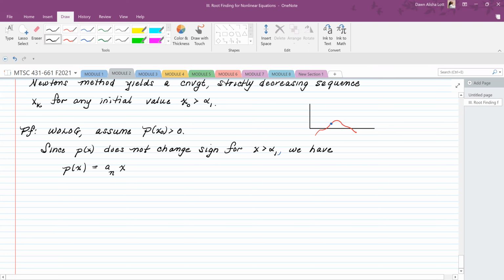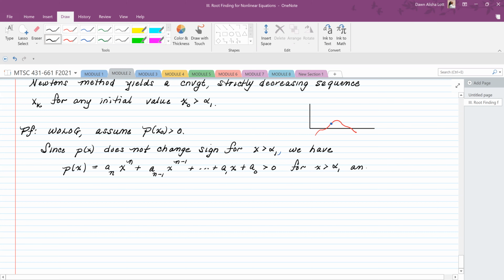P of X equals a n x to the n plus a n minus 1 x to the n minus 1, all the way down to a1 x plus a naught. Okay, this is greater than 0 for x bigger than alpha 1.